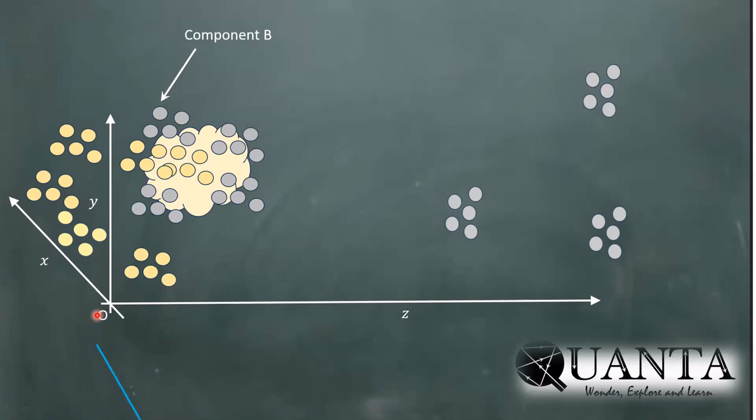As mentioned, the cream-colored particles are component A, and the gray ones are component B, and here is a region that is highlighted.